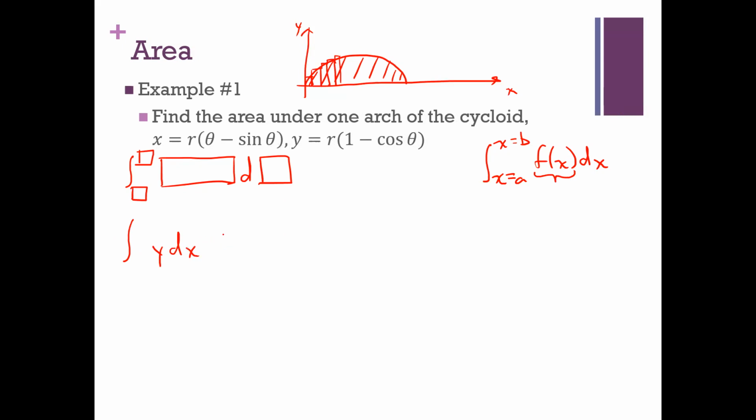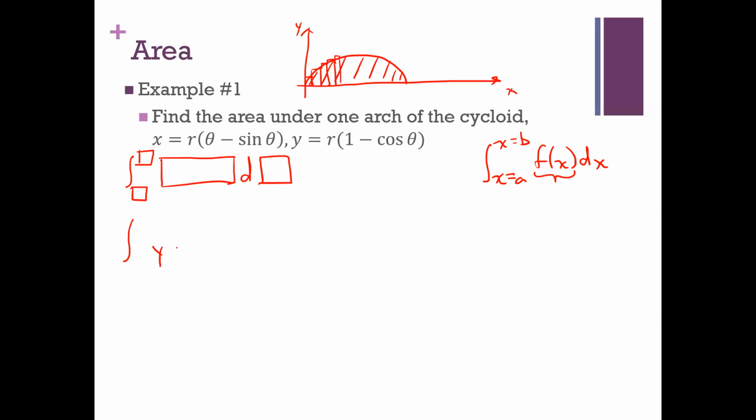But don't I have those things now in terms of theta? So I have y in terms of theta. I have dx. But what does that dx really mean? I want to take this integral with respect to theta.